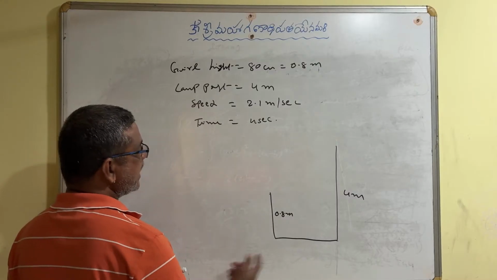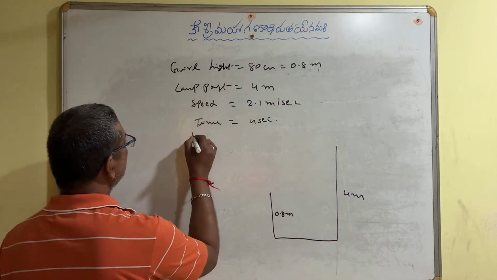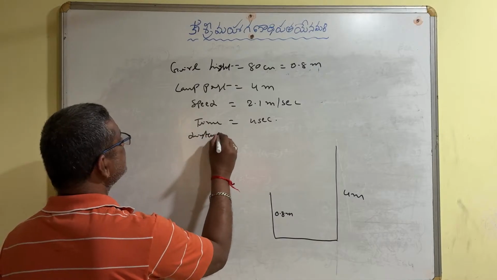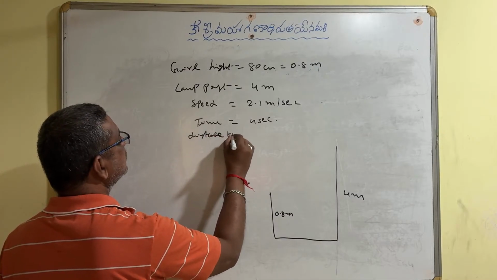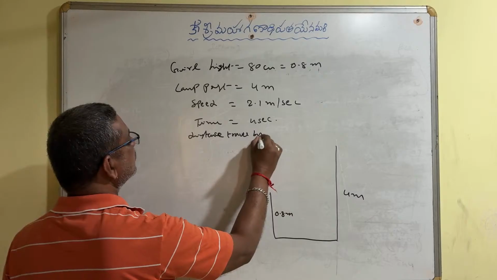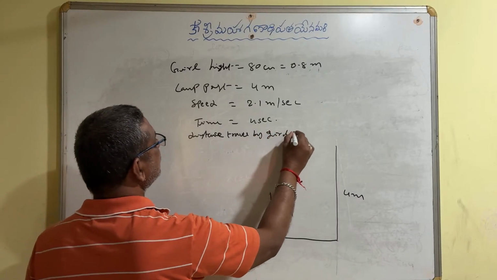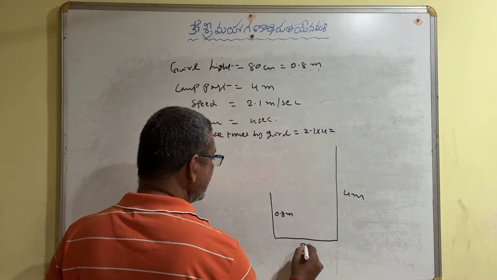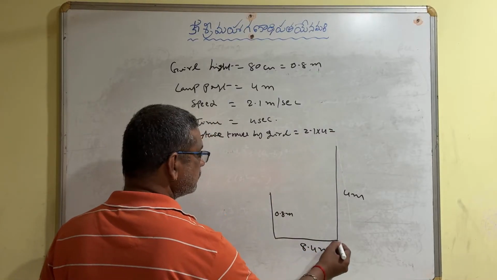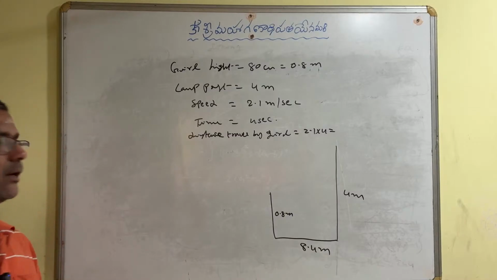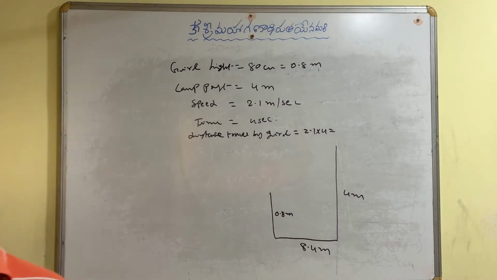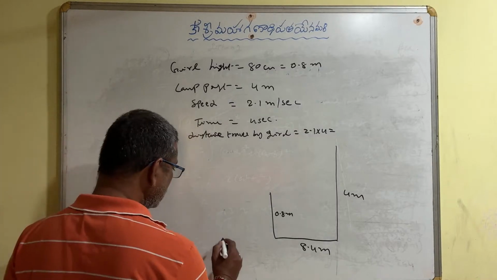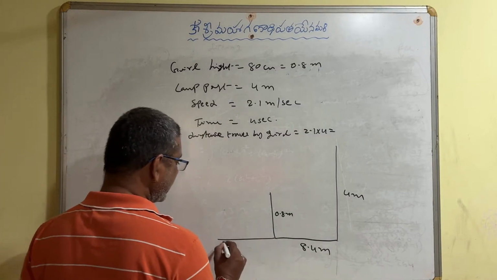So the distance traveled by the girl in 4 seconds is 2.1 into 4, 8.4 meters. She walked 8.4 meters away from the lamp post. Now, this was her shadow.